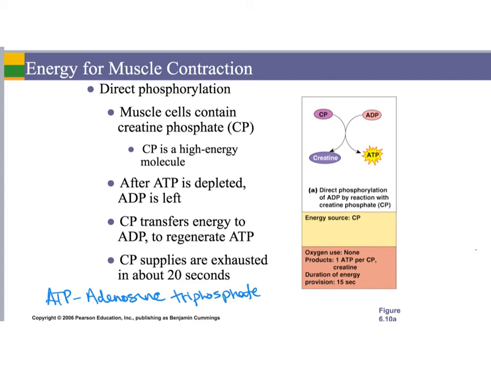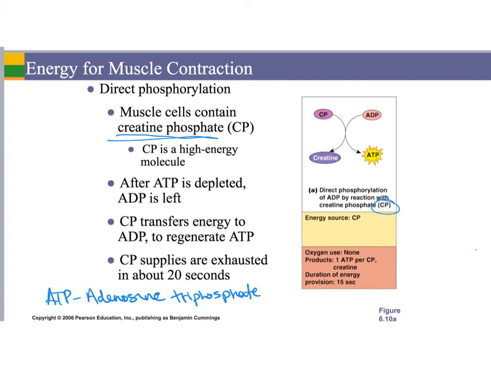with CP. So CP is creatine phosphate, and I'm sure you've all heard of creatine, right? People that want to build muscles take creatine. But just taking creatine is not going to build muscles. You also have to work out. What creatine does, it's kind of an extra.